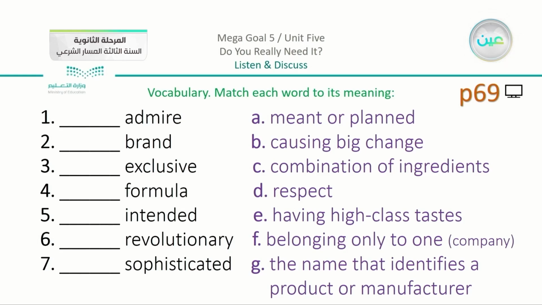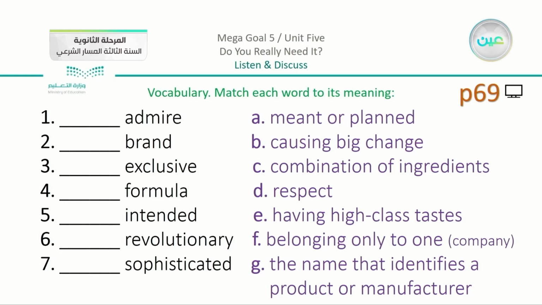Now we have number 1, the first word, admire. Number 2, this one is easy. We have here brand. Number 3, we have exclusive. Number 4, this one is familiar. Do you remember it from Unit 4? We have formula. Number 5, we have intended.